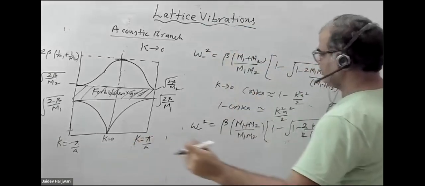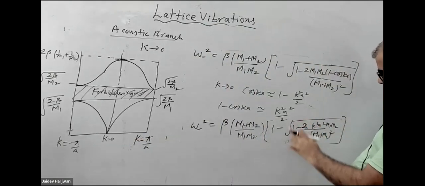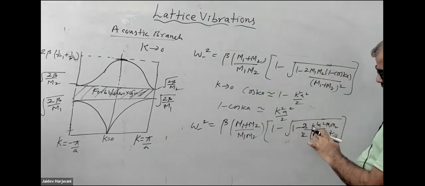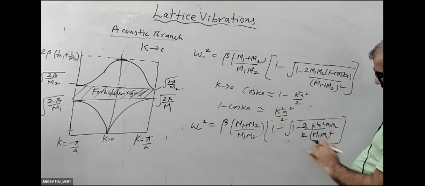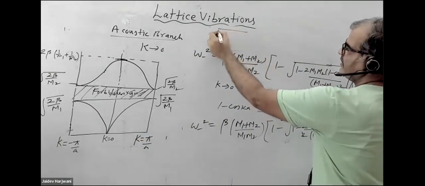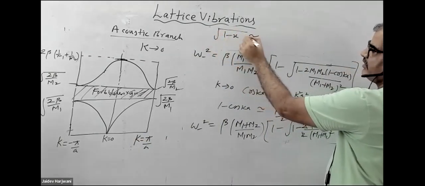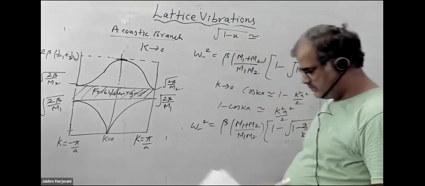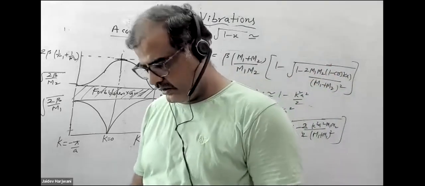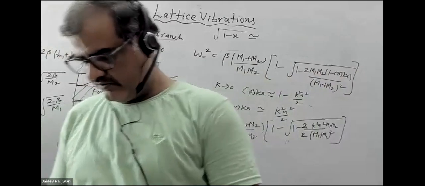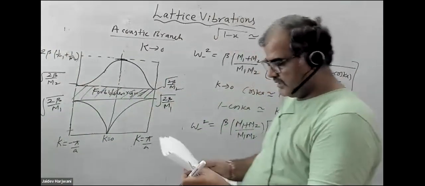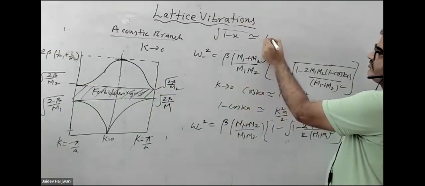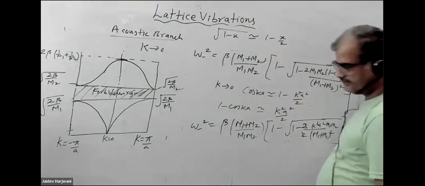Now we have this term under root, and k tends to 0, so this term is less than 1. Whenever we have under root 1 minus x, what can I write? 1 minus x by 2. Very good.